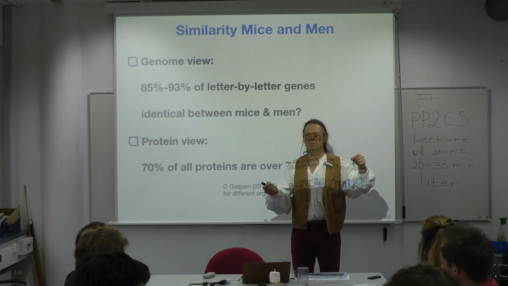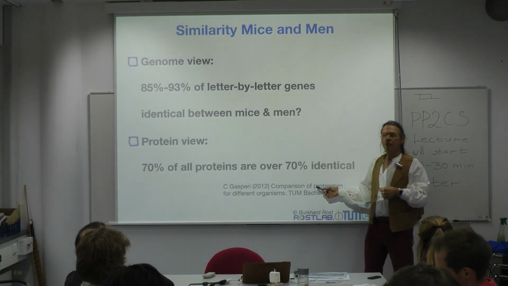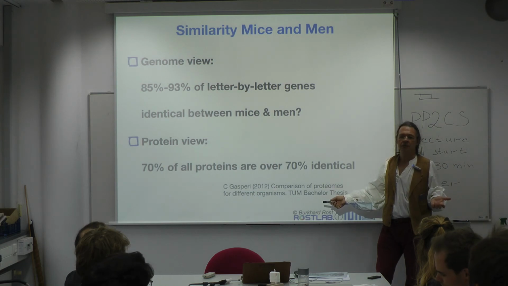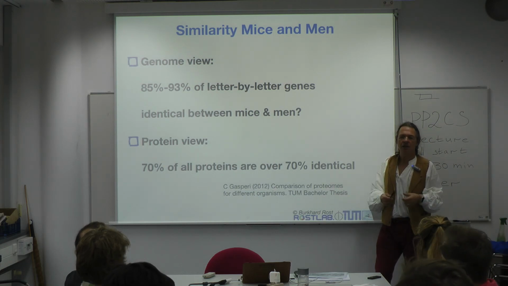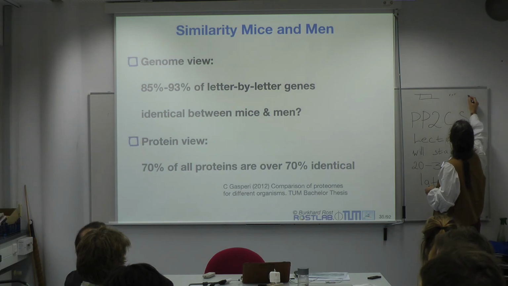Now, interestingly, what this one shows is that the same is true for rat. Mouse and rat is a very similar number. And surprisingly, for me at least, I was totally surprised.